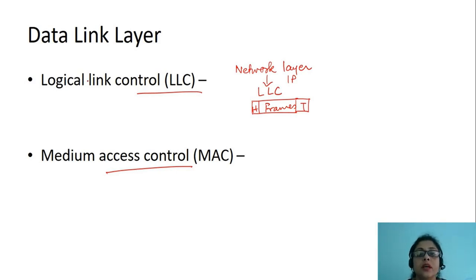Now these frames then come to the media access control or MAC layer. This MAC layer is closer to the physical layer of the OSI model, which is the lowest layer. And so it transmits the frames that are formed at the logical link control layer to the physical layer.